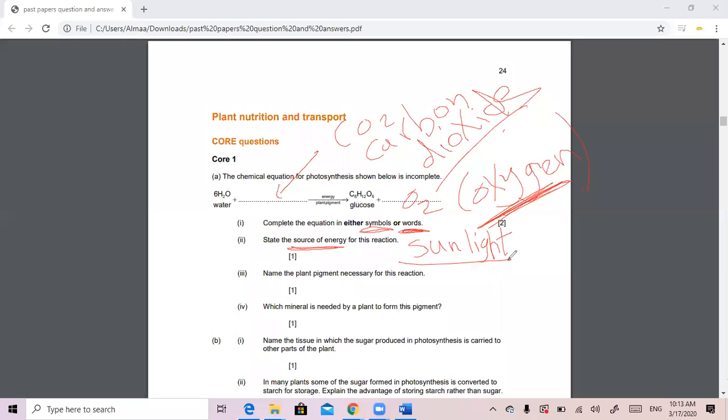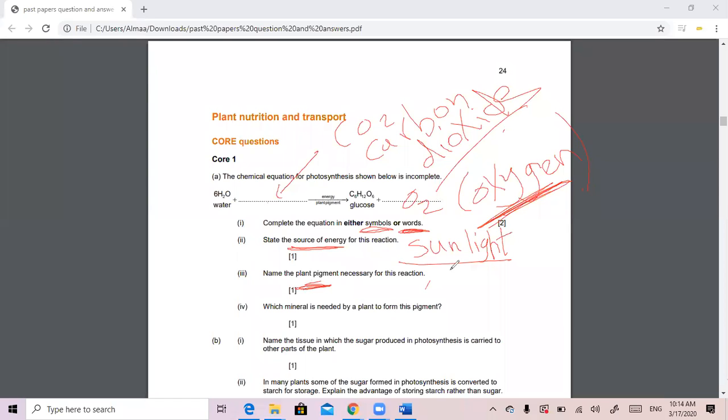I want all the students to take part, like Abdurrahman Hisham, like Iyad. Iyad, what is the plant pigment necessary for this reaction? Name the plant pigment here. Chlorophyll. Thanks a lot, Iyad. So that's chlorophyll.